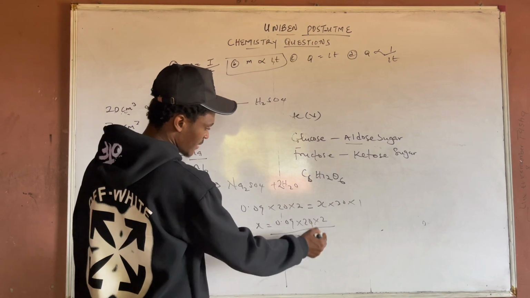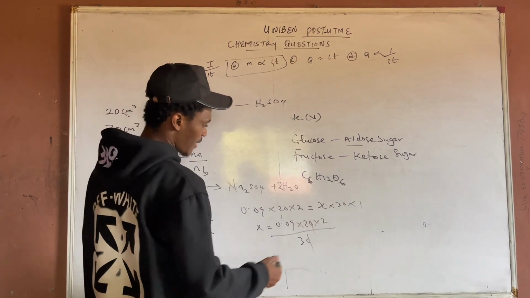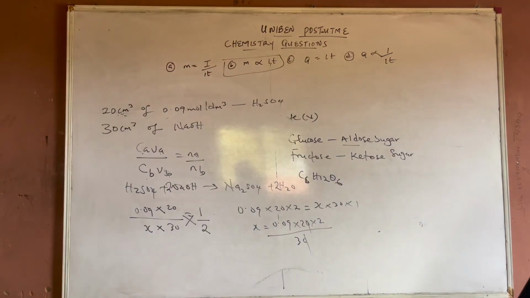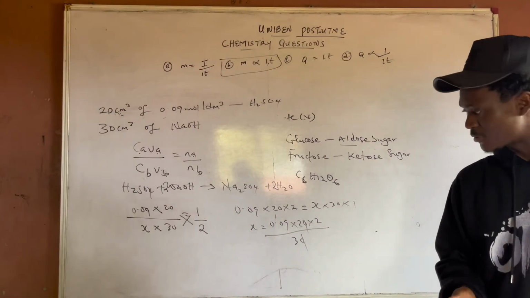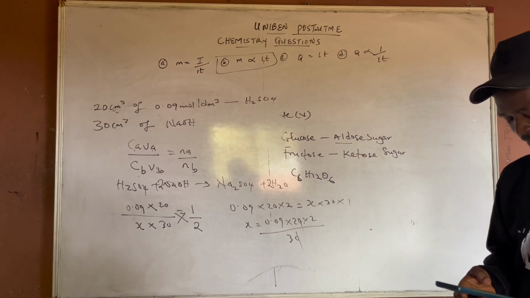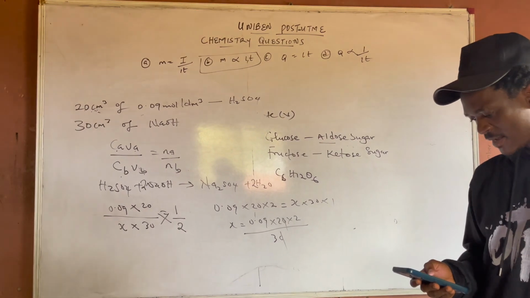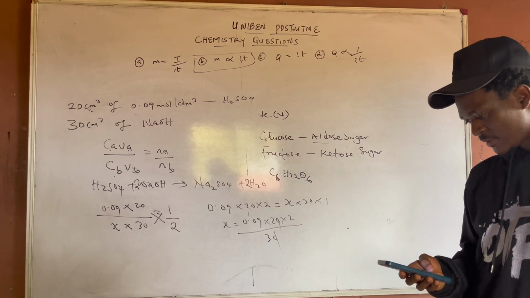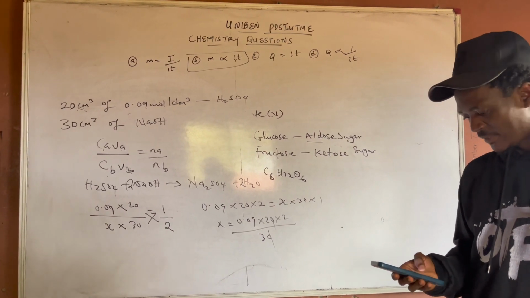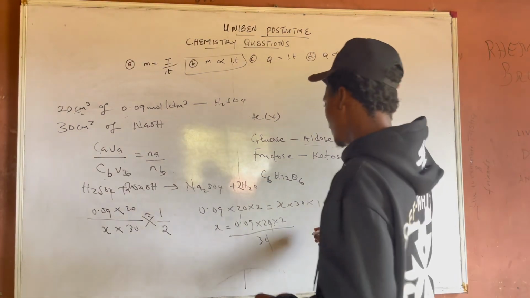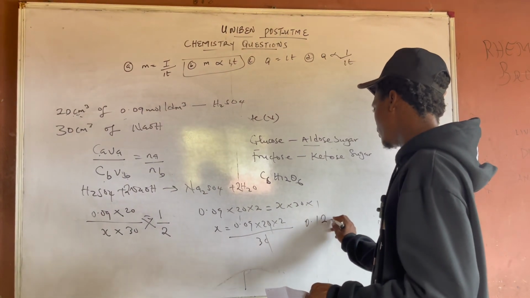So we'll cancel out. Then we can do that with the help of our calculator. That is 0.09 times 4 divided by 3. I think we are going to obtain 0.12. So 0.12 as our answer.